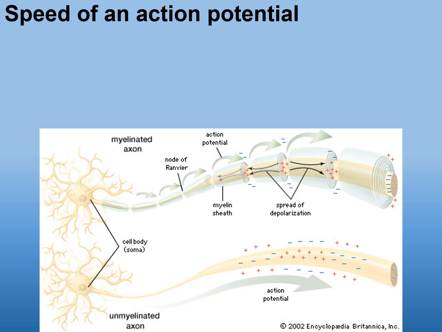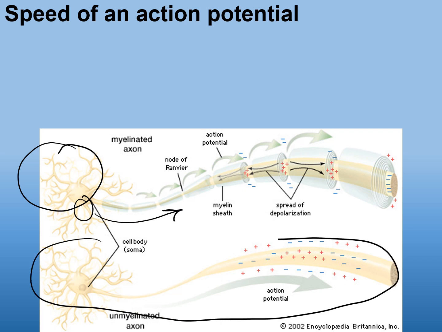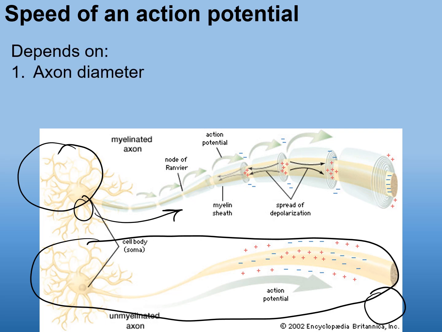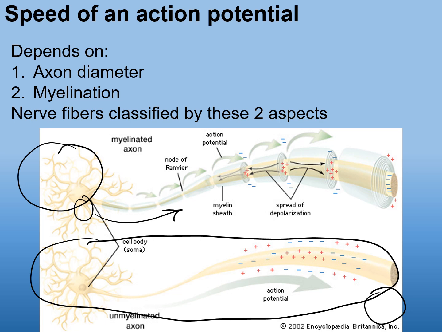How fast? How fast does that really mean, right? We understand that a myelinated axon has faster conduction than a continuous axon. So a myelinated neuron might be one that descends down your spinal cord, whereas an unmyelinated neuron might be completely in your brain. Okay, so it depends. How thick is the axon? How myelinated is the axon? So we classify nerve fibers in your body.